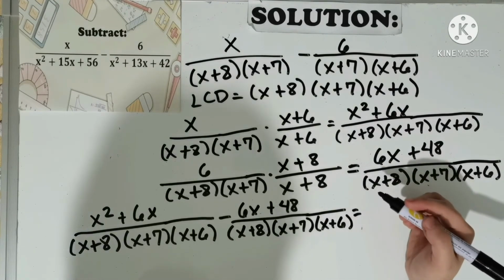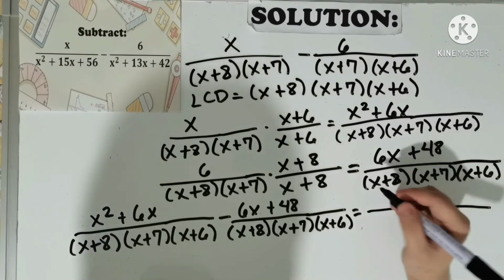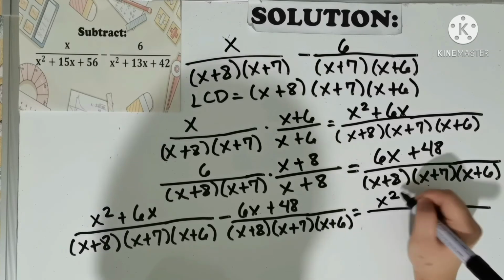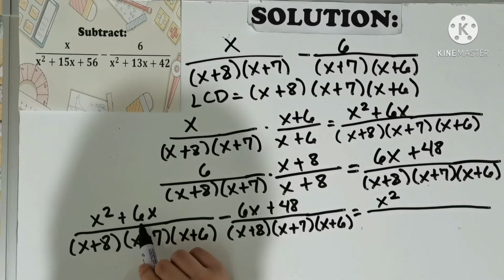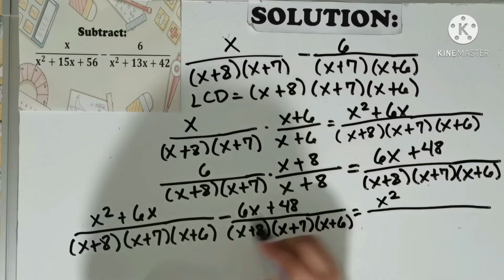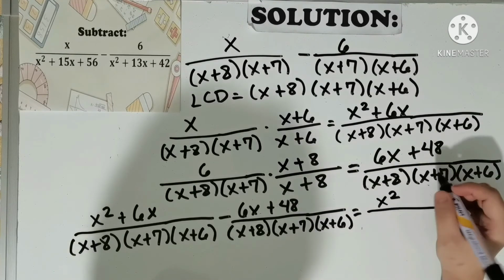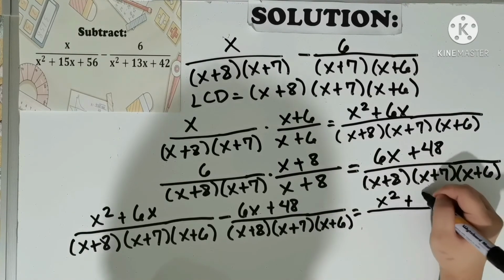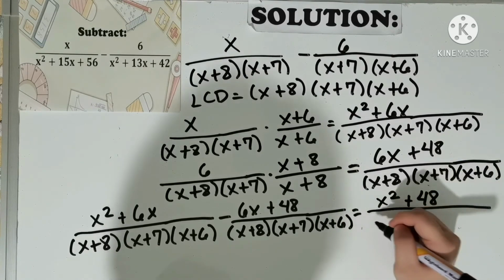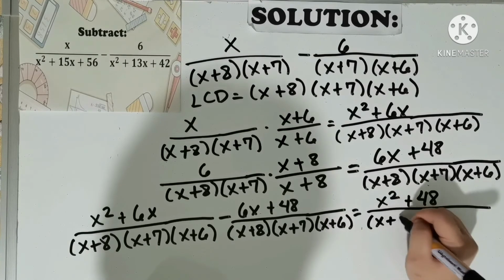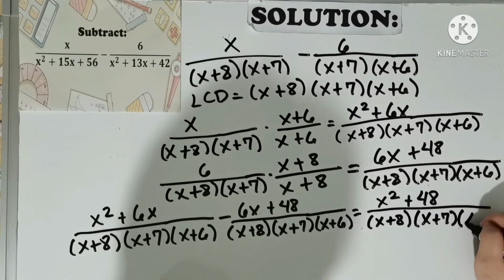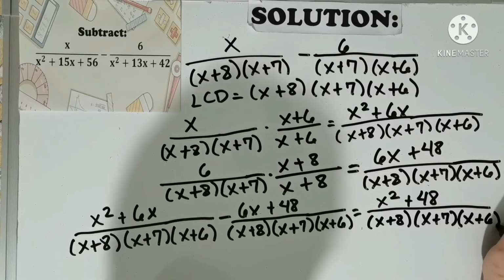Now we combine like terms. x squared, 6x minus 6x is equal to 0. x squared plus 48 all over the quantity x plus 8 multiplied by the quantity x plus 7 multiplied by the quantity x plus 6.